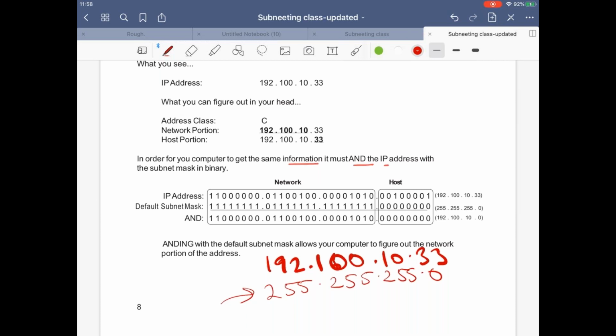So as per this example, I have this IP address and this subnet mask.